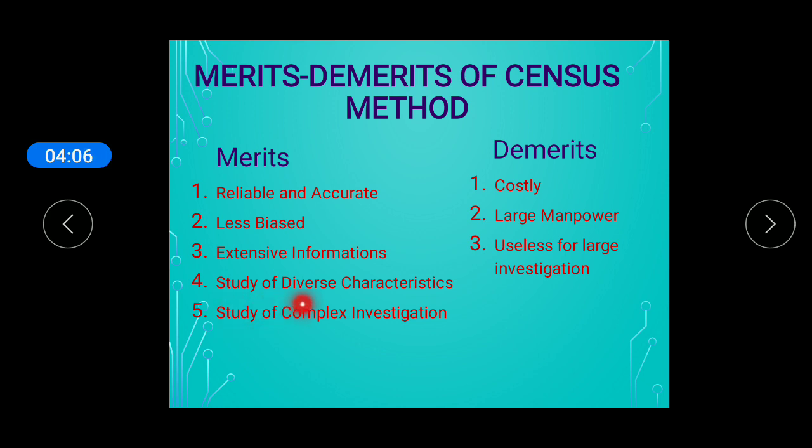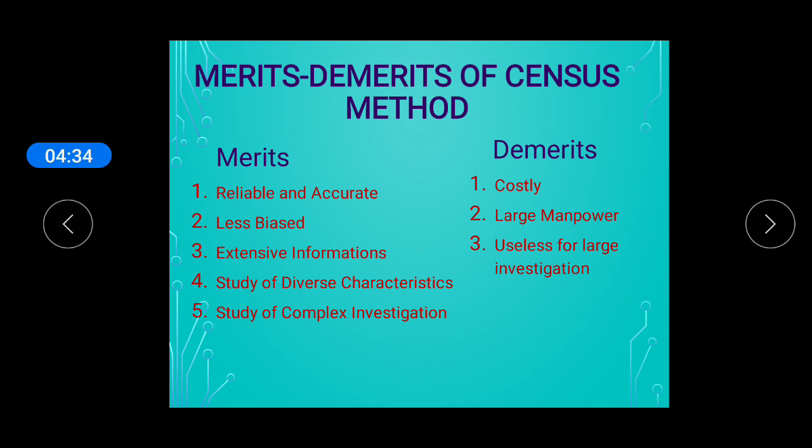Next is study of diverse characteristics. By using the census method, we can get the information on diverse characteristics of the universe. If there are diverse characteristics of the units in a population, then we can't use the sample method here. We can get the information only by the census method.